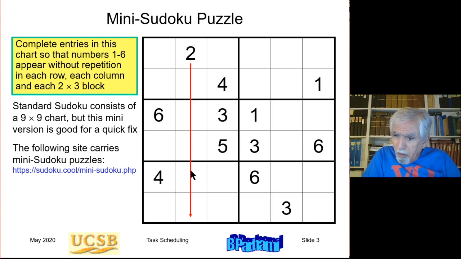And within that column, you cannot have any other cell that contains 2. For example, if you look at this 2x3 box, it is missing the number 2. But the number 2 cannot occur in this column. Therefore, the only position for the number 2 is this one.